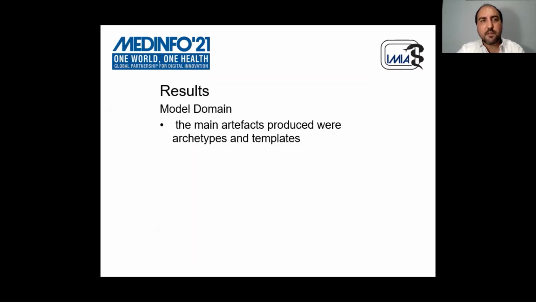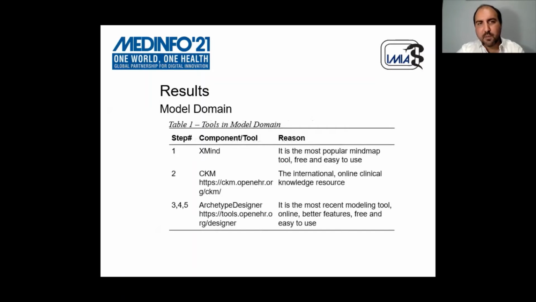For the results, we split them according to the domain. So for the model domain, the main artifacts produced were archetypes and templates, and the development process comprised 5 steps.